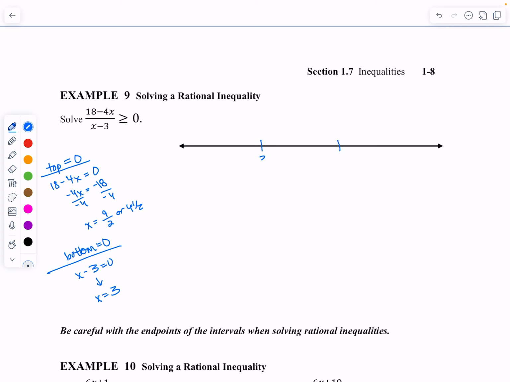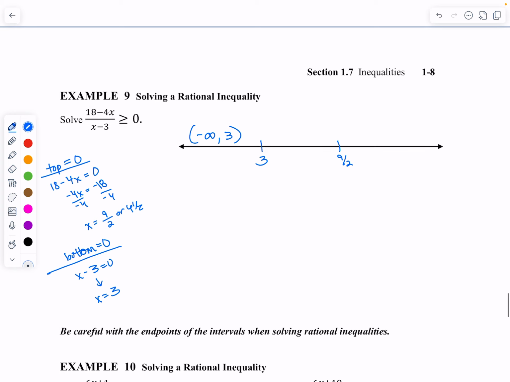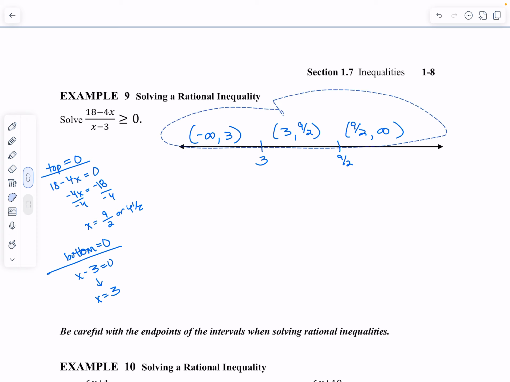So I have 3 and 4.5; my lab always likes to leave it as a fraction, 9 halves. My intervals are negative infinity to 3, 3 to 9 halves or 4.5, and 4.5 to infinity. One or more of these is going to be your answer.